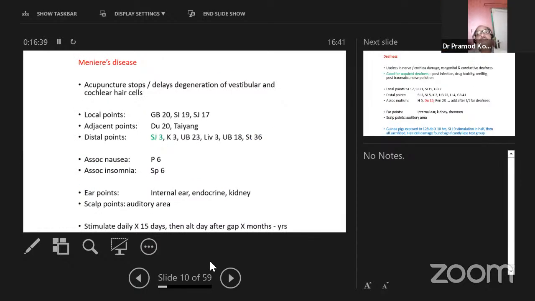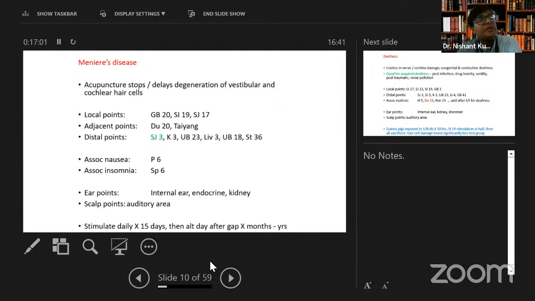Now, another condition, an anatomical condition or dysregulated physiological condition, venous disease, but this responds well to acupuncture. So the local points are GB20, SI19, and Sanjiao 17.